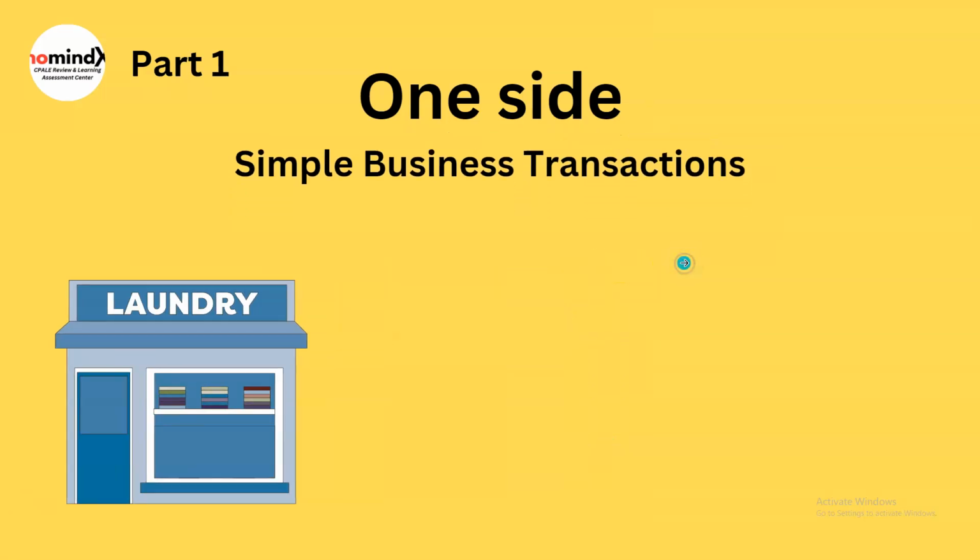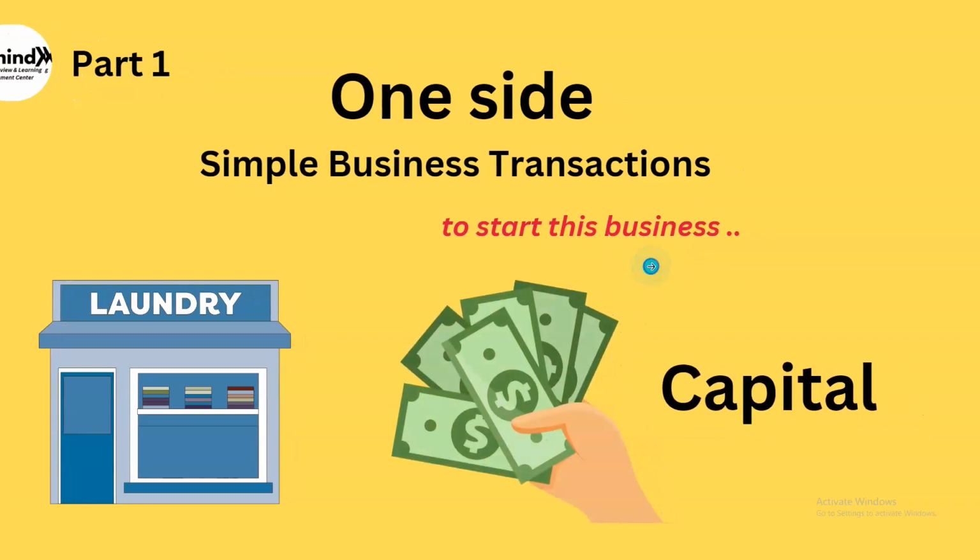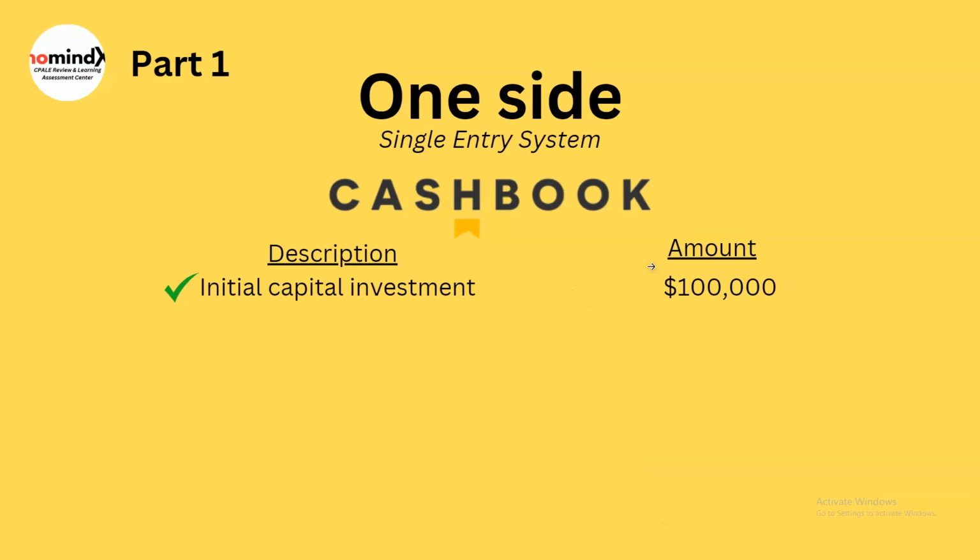In a laundry, we start with putting some capital in the laundry, and we record that using the single entry system as just a list of transactions. We have the description, we can put some date in here, and we have the amount.